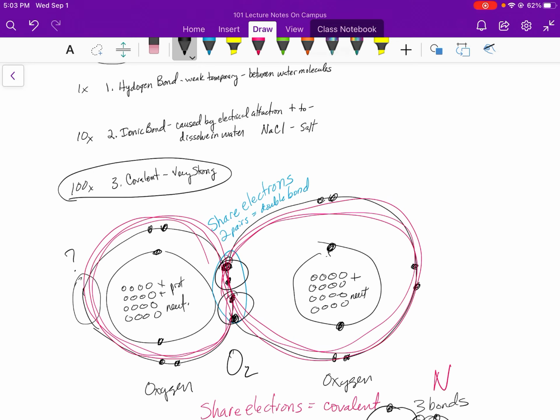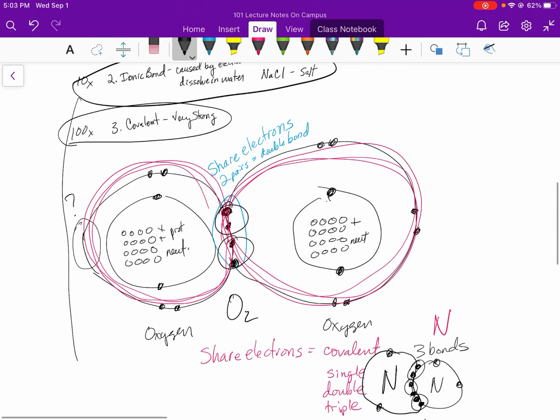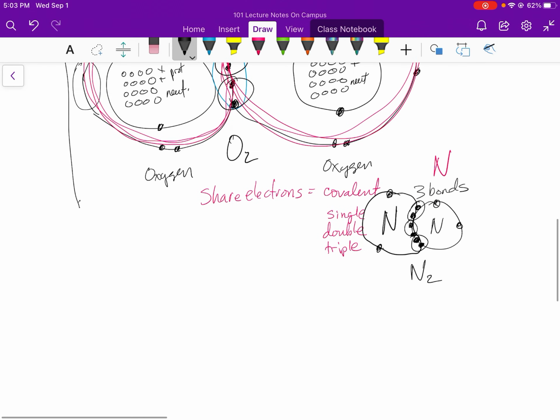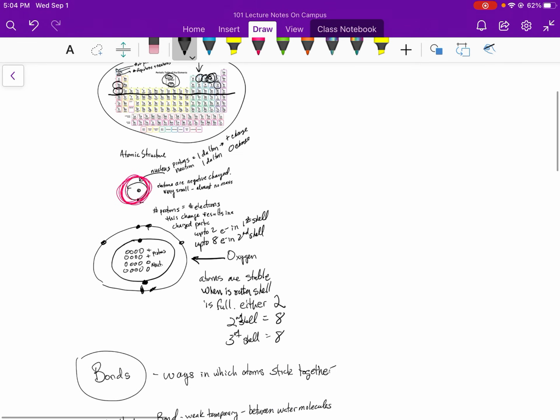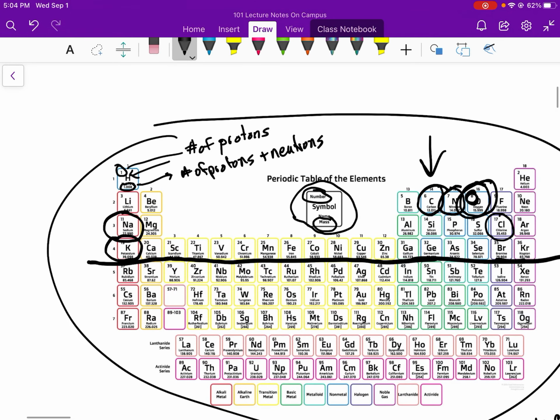Okay. Next, I'm going to move to the ionic bond. Okay, so let's go down and take a look at that. And for the ionic bond, I'm going to use 2 molecules that are called sodium and chlorine. Right? I'm going to run up to the table and take a look so I get their numbers correct.